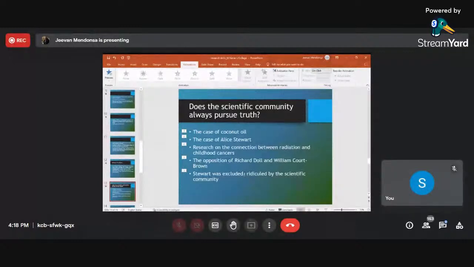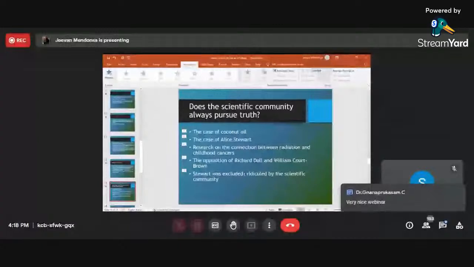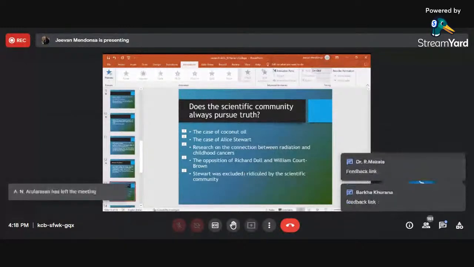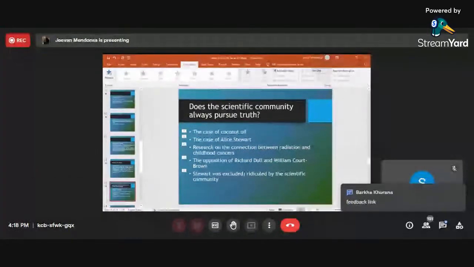Researchers are coming out saying no, coconut oil is something very healthy. It has good cholesterol, and there is nothing wrong in using coconut oil. Well, you see, this is the same scientist who 30, 40 years earlier was speaking against it, and now there are other scientists who are speaking for it.